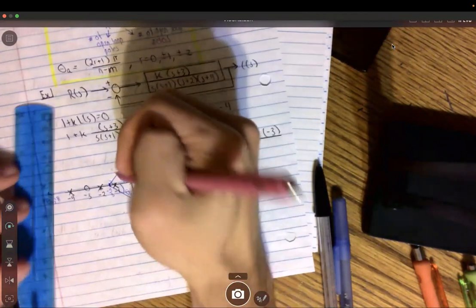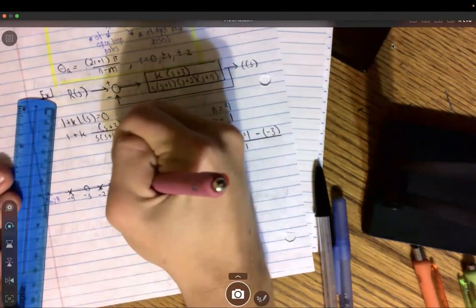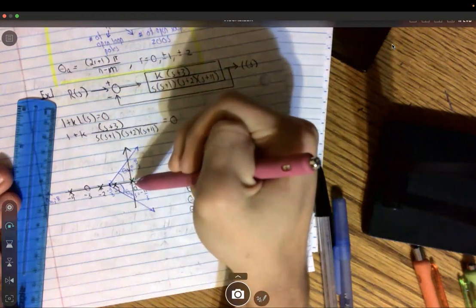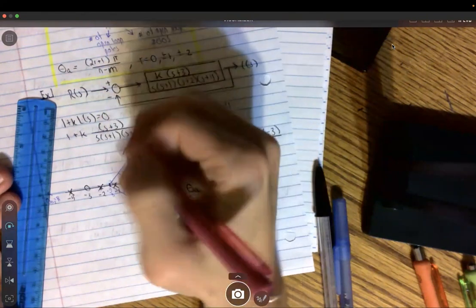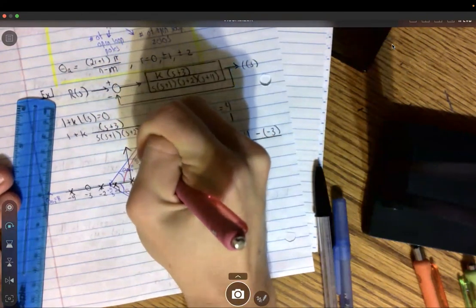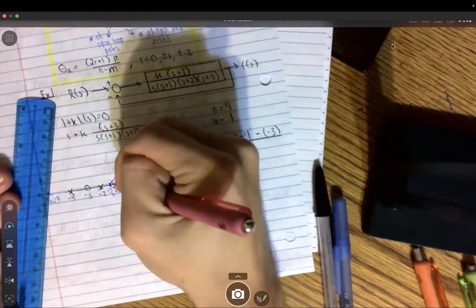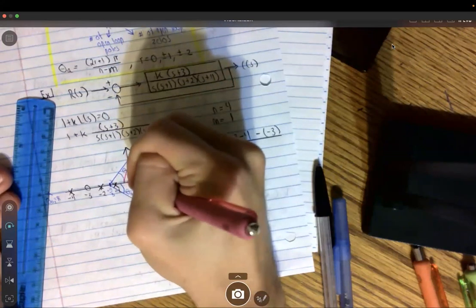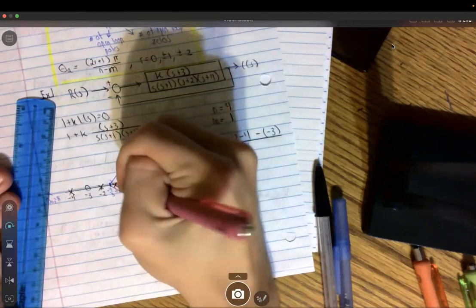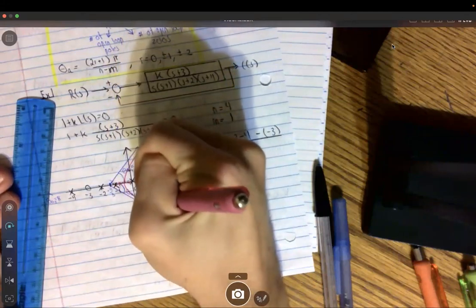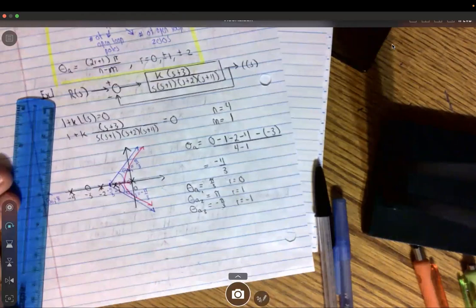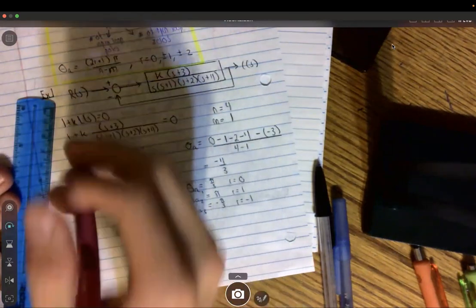And so remember, we can only make paths to the left of an odd number pole or 0. So this is number 1. So the first path will probably follow along this asymptote. The second one here would then follow in the opposite direction. It's symmetrical still with respect to the real axis.